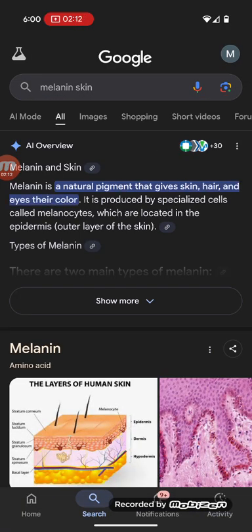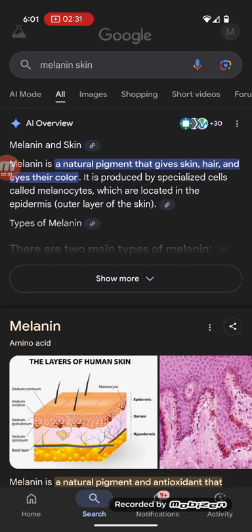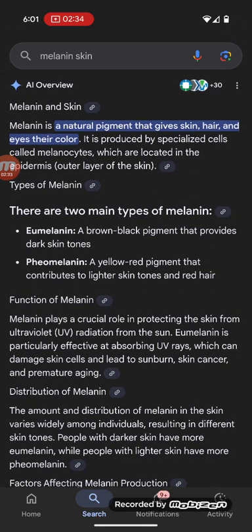And this says melanin is a natural pigment that gives skin, hair, and eyes their color. It is produced by specialized cells called melanocytes, which are located in the epidermis, or the outer layer of the skin. It says there are 2 main types of melanin. Eumelanin, a brown-black pigment that provides dark skin tones.